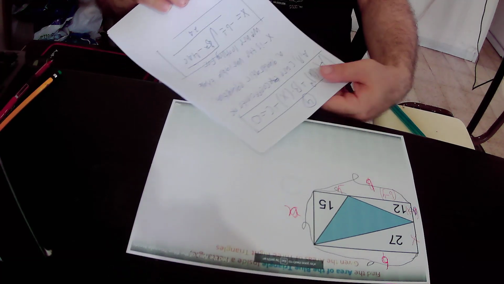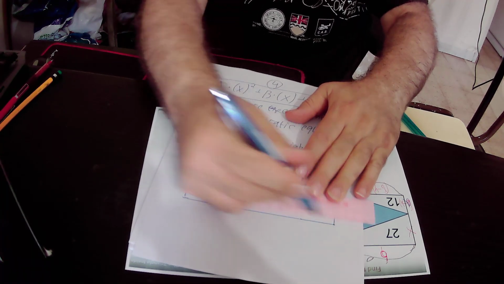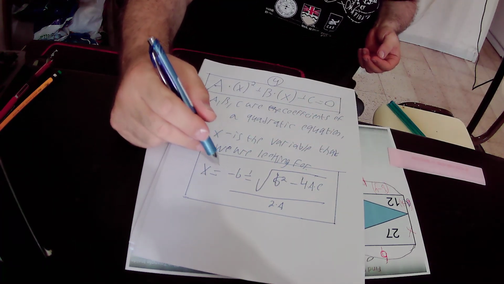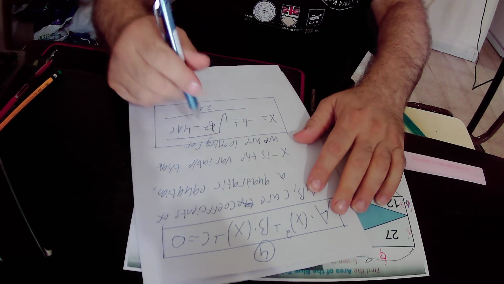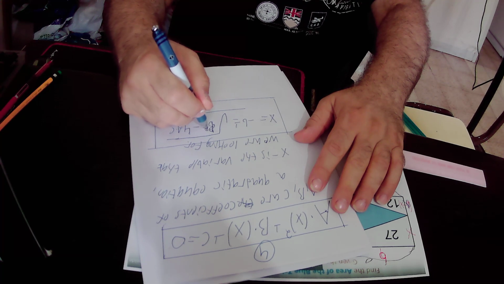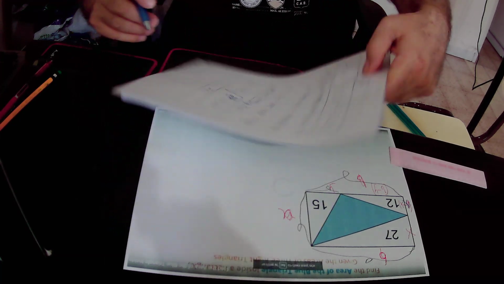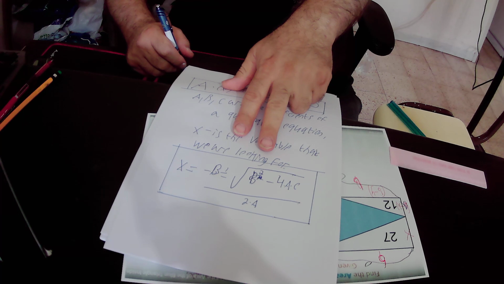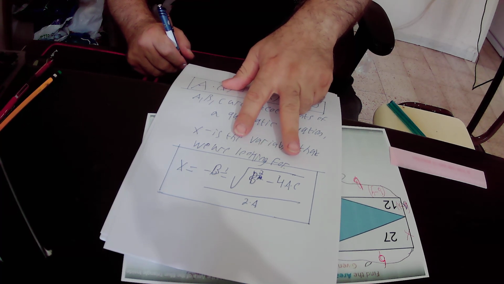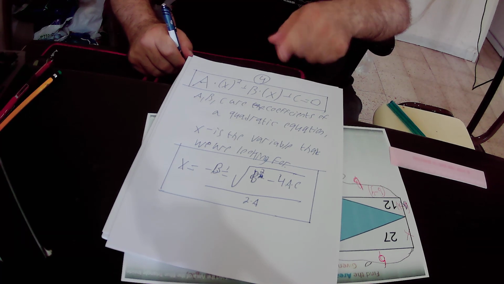So the special formula that will help us to find the value or the values of x is x equals minus b plus minus root of b squared minus 4 times ac divided by 2 times a, where a, b, and c are the coefficients of this quadratic equation.